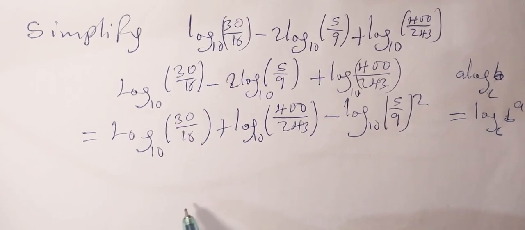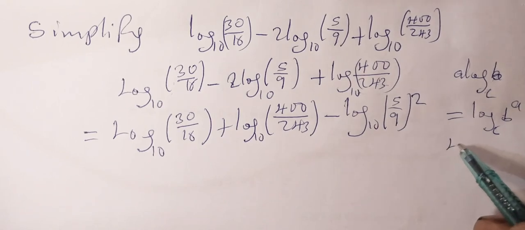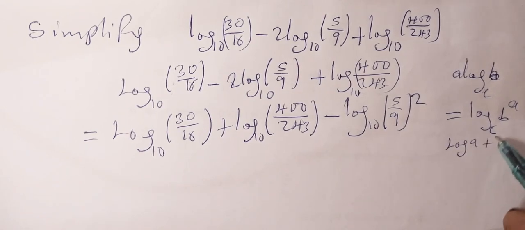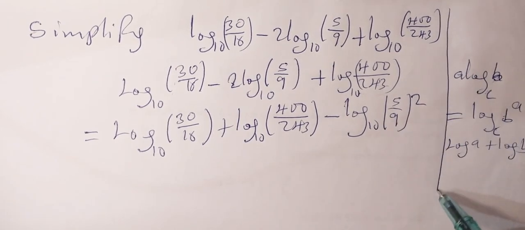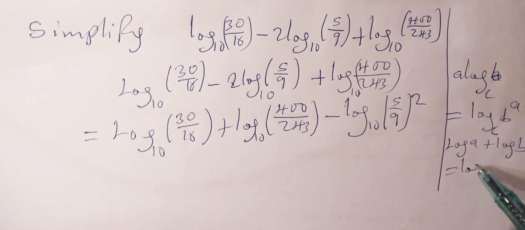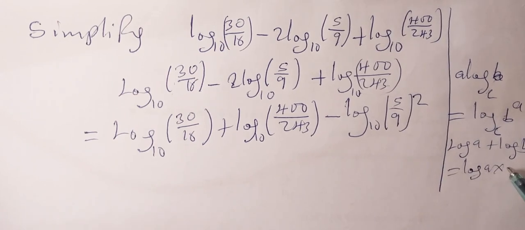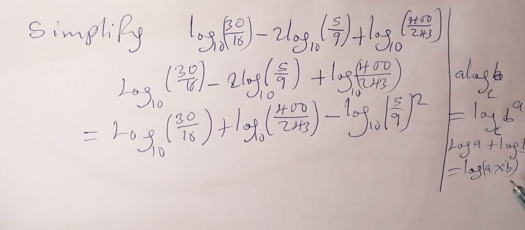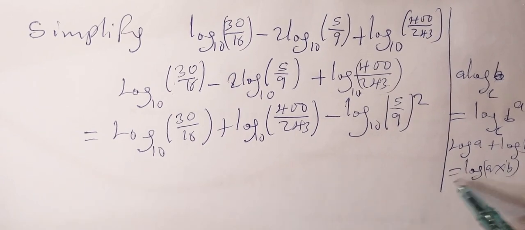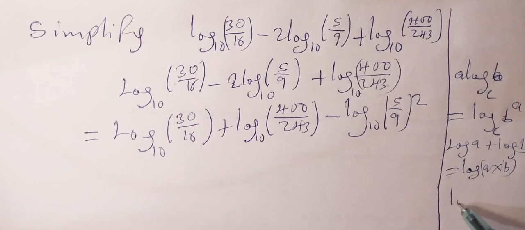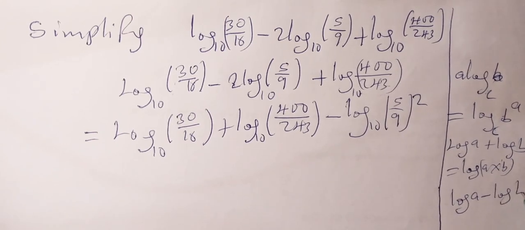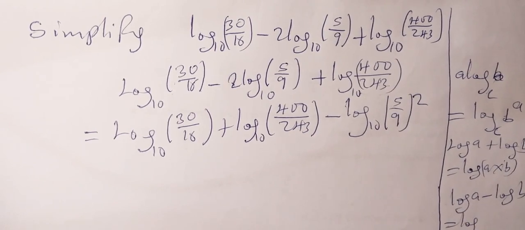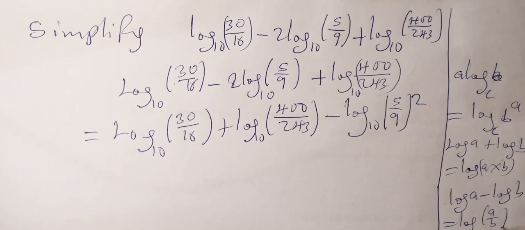So according to indices, when you have log a plus log b, that is the same thing as log a times b. In this case, if you also have log a minus log b, it is equivalent to log of a divided by b.